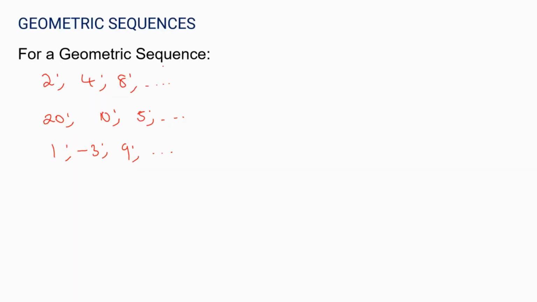For a geometric sequence, you have to observe that T2 divided by T1 is equal to T3 divided by T2. Let's just do that. Let's say 4 divided by 2 is equal to 8 divided by 4. 4 divided by 2 is 2, 8 divided by 4 is 2.